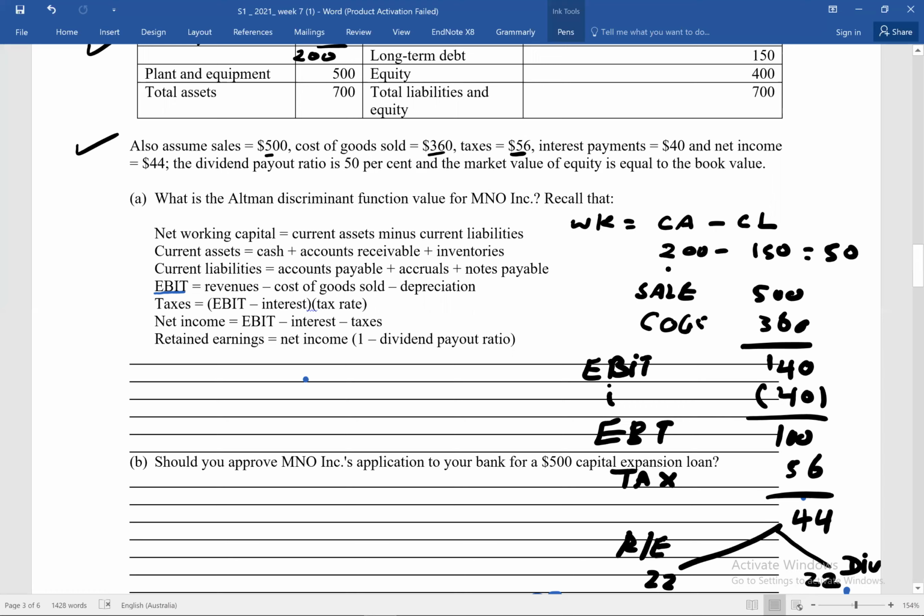So working capital, I have it. I have earning before income and tax, which is already defined to be 140. I have net income, and I have the retained earning, which is 22. Now, if I have all this information, I am in a position to calculate.